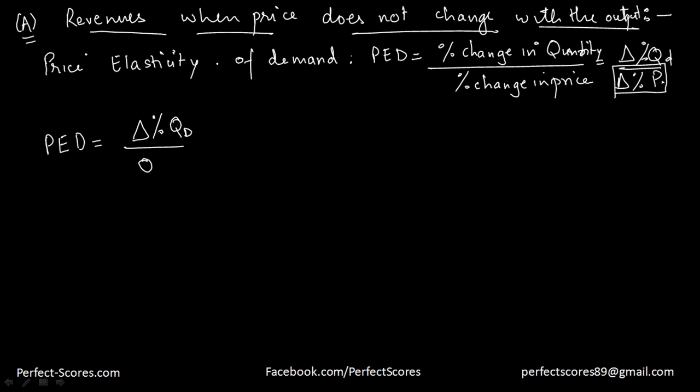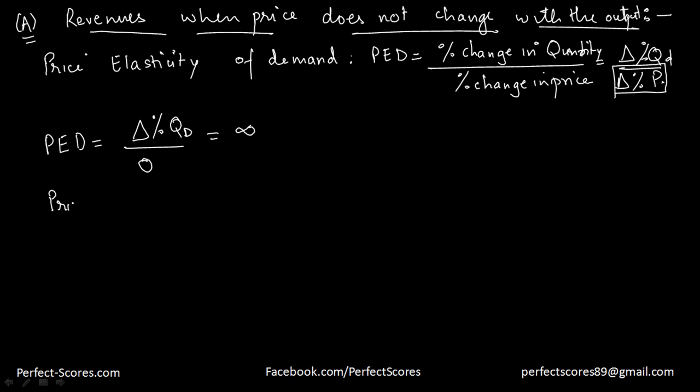When price does not change with the output, the percentage change in the price is 0, which means the price elasticity of demand is infinite. Let me show you that with an example here.